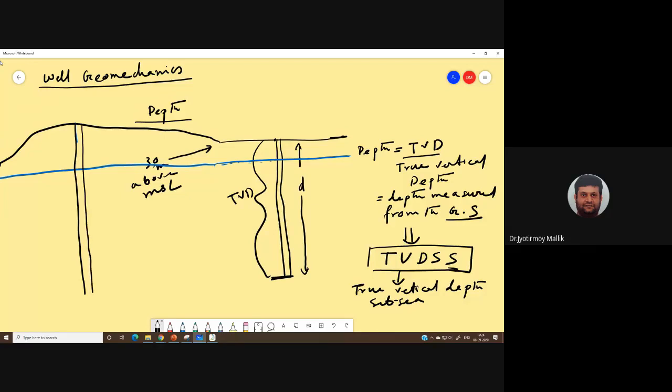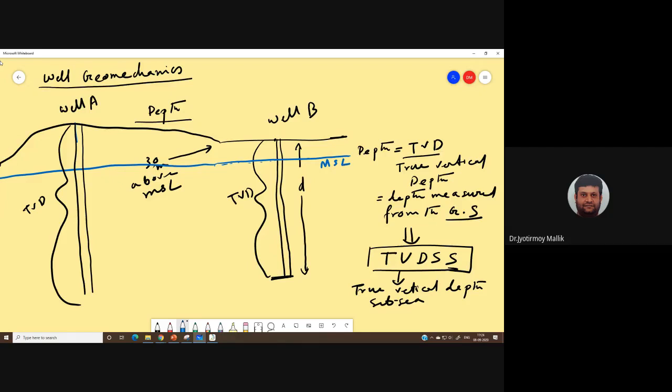I can express it with respect to TVD as well. But then if I want to compare, this is well A and this is well B. If I wish to compare these two depths, I think it is better to have the same reference point, and this is the mean sea level, MSL.